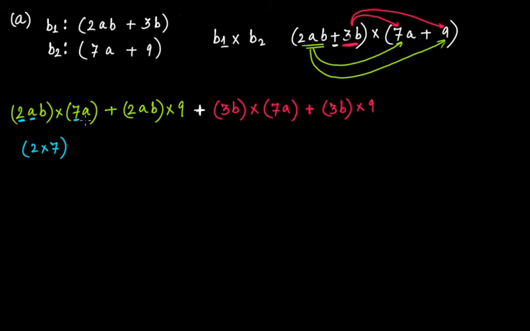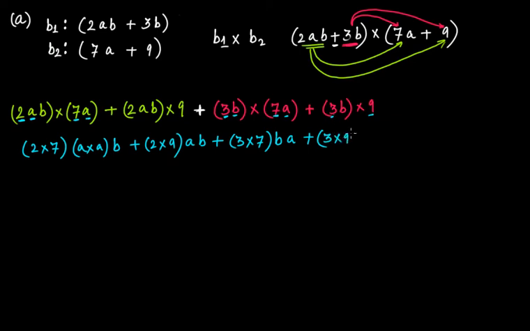Then you have this a and this a, so a multiplied by a, and you have b here, so write b, plus you have this 2 and this 9, so 2 multiplied by 9, and then a multiplied by b, plus this is 3, this is 7, so 3 multiplied by 7, this is b, this is a, so ba, plus 3 multiplied by 9, and then you have this multiplied by b.